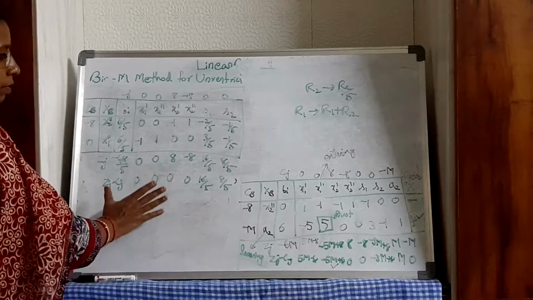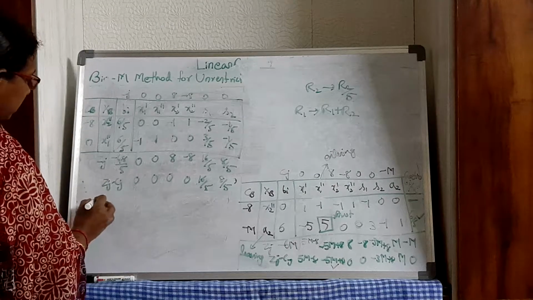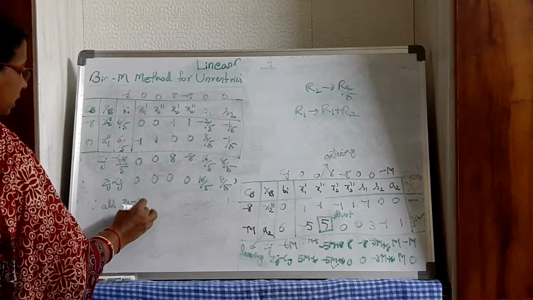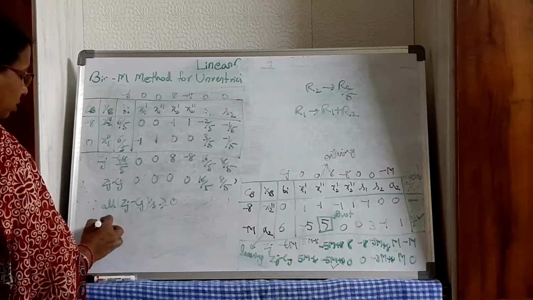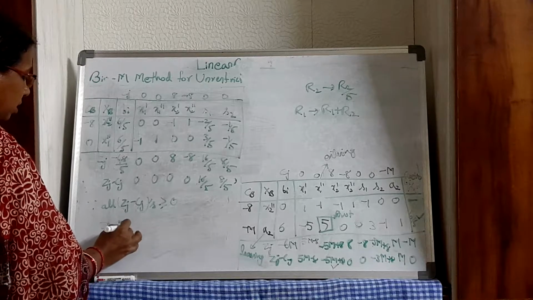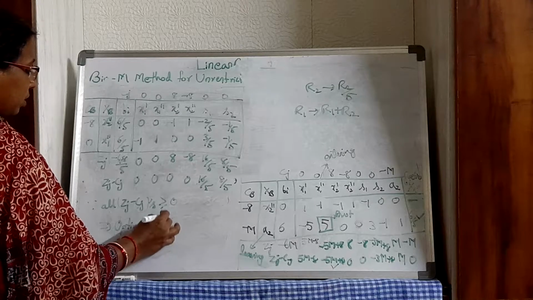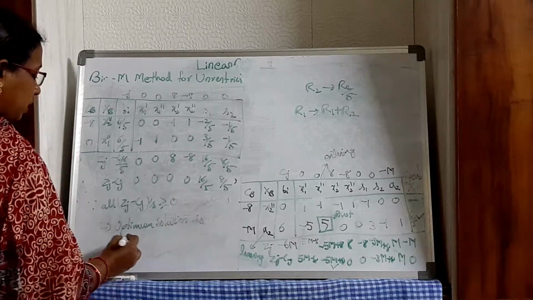It means we have attained the optimum solution. So that I will write it. Since all Zj minus Cj's are greater than or equal to 0, it implies optimum solution is obtained.